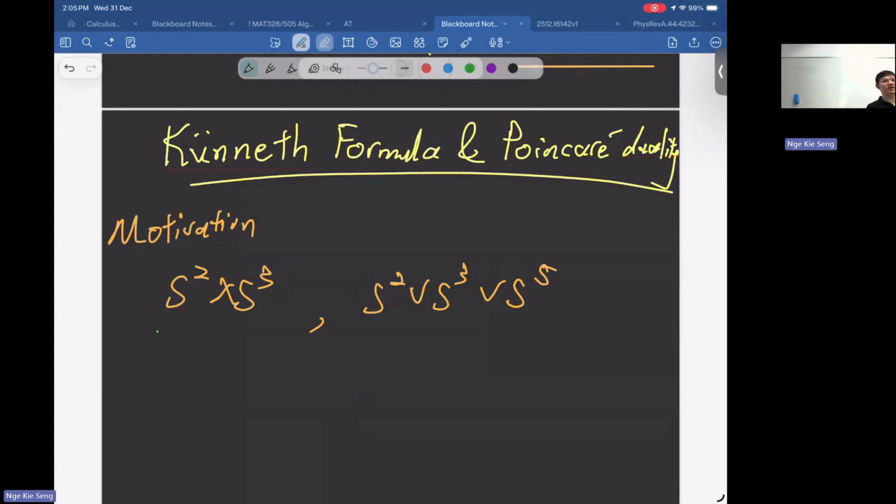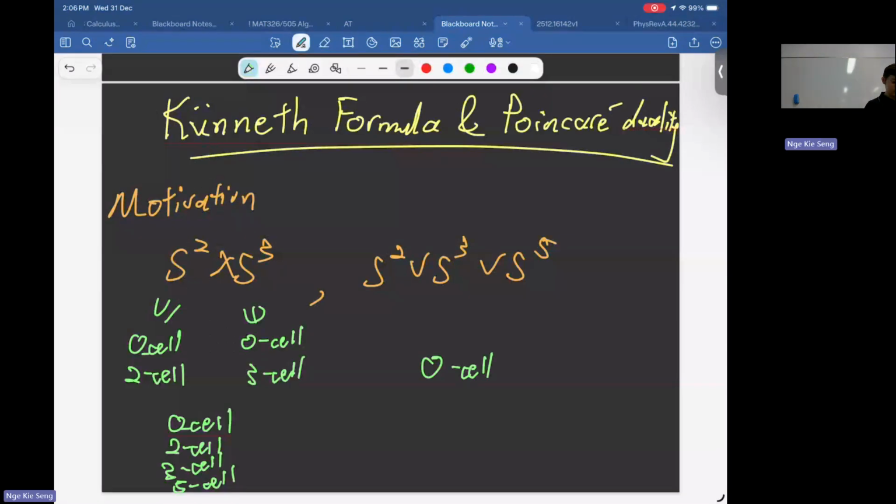But on the other side, it's very clear that you also have a 0 cell. How come?